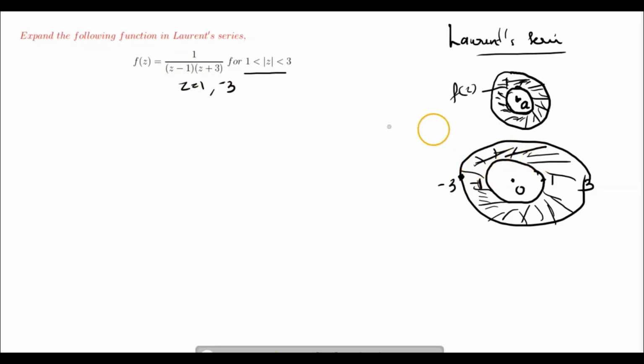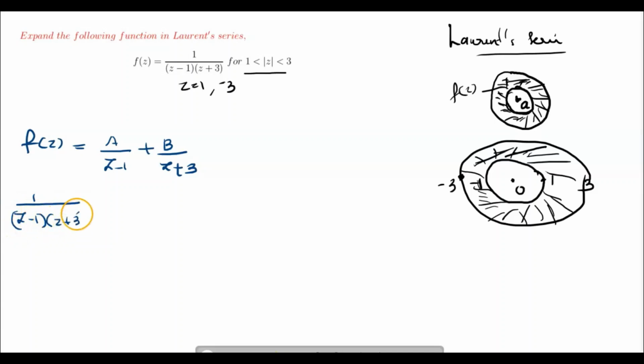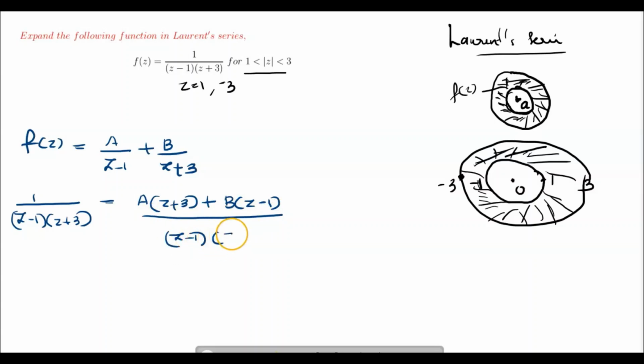So first of all, we can write f of z, which is 1 by z minus 1 into z plus 3, as a by z minus 1 plus b by z plus 3. So 1 by z minus 1 into z plus 3 is equal to a into z plus 3 plus b into z minus 1, divided by z minus 1 into z plus 3.